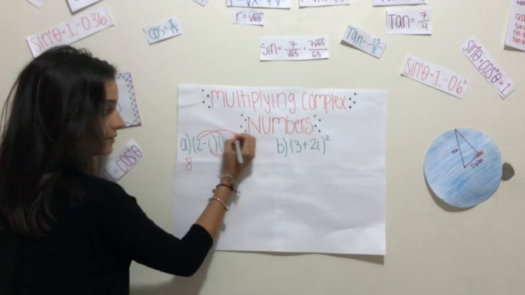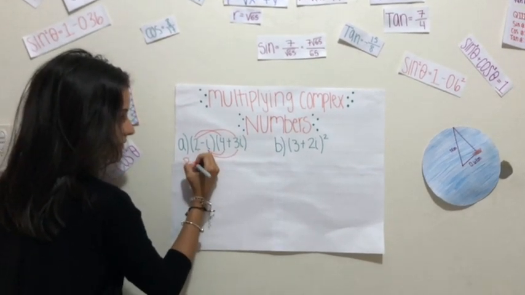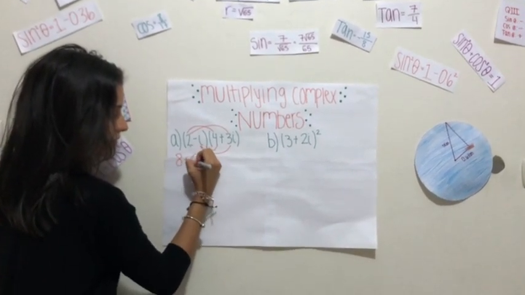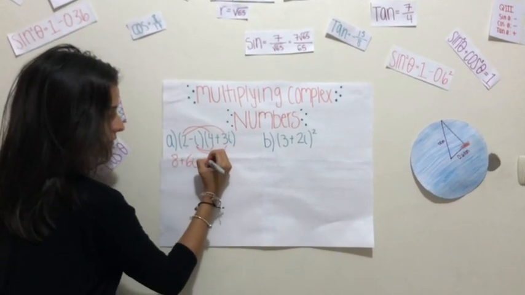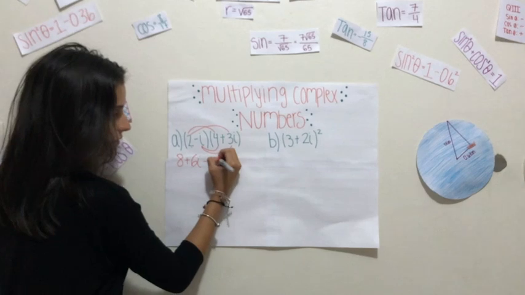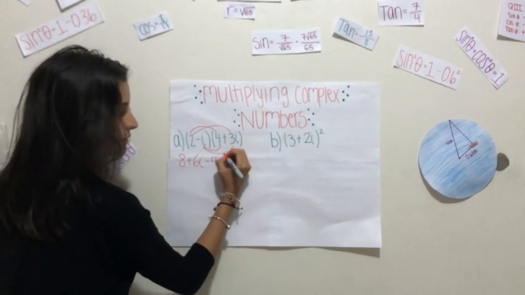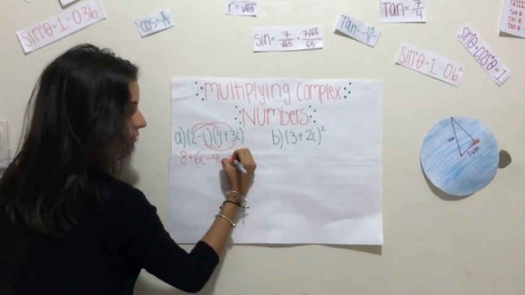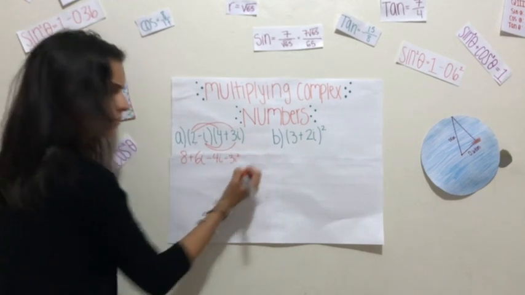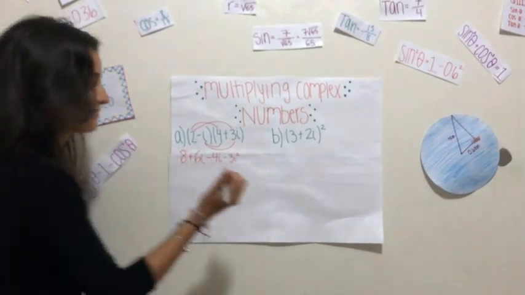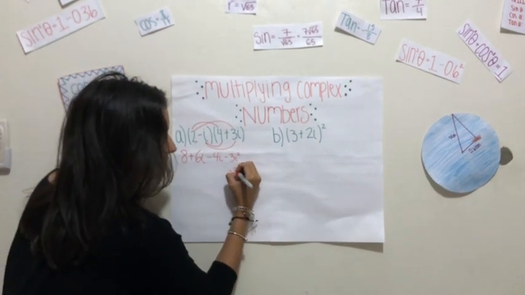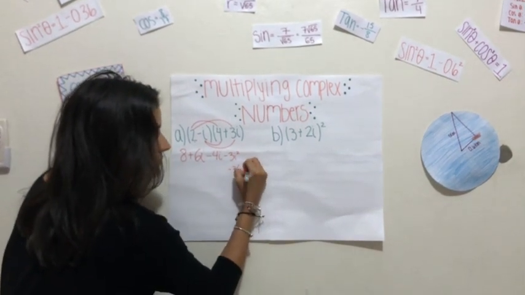So we multiply those digits and put the answer below. Here we can see that we have an i squared, which, as previously stated, is a -1.